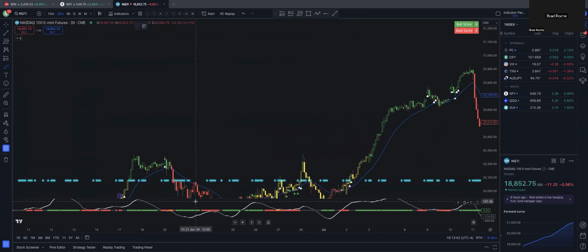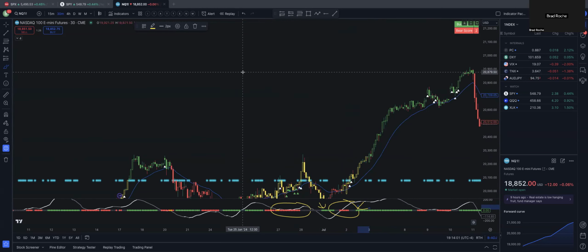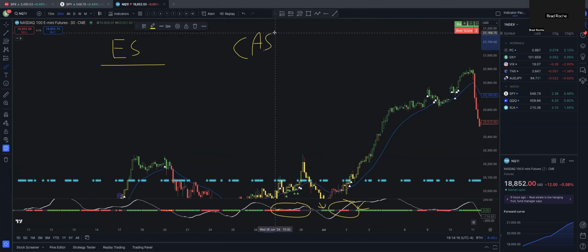So we know that all of these plays come from when the squeeze fires off, right? So here's the squeeze firing off, or within a squeeze. So when we look at these points in time, when the squeeze is firing off, the statistics for where price ends up going, in comparison, if we look at ES and then we look at the cash session, or we look at NQ.